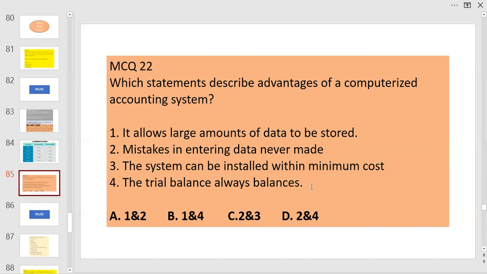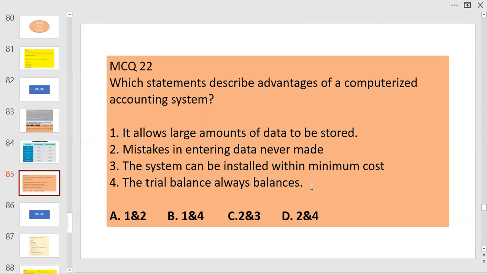The next one: the trial balance always balances. This is true because whatever you enter, the rest of the process in computerized accounting cannot make a mistake. It can go to a wrong account if you give the wrong details, but the amounts cannot get mixed up.